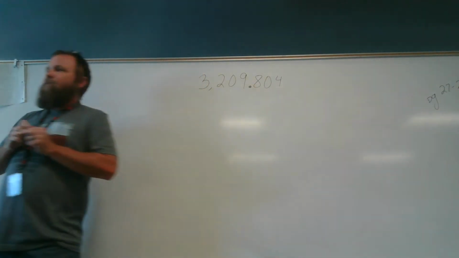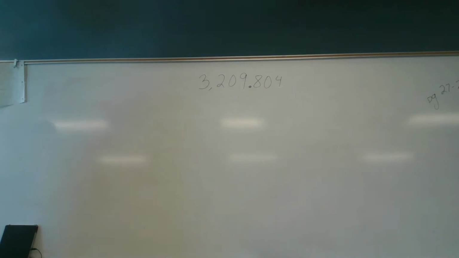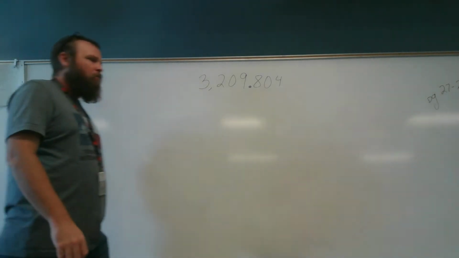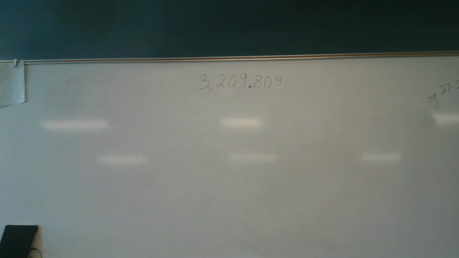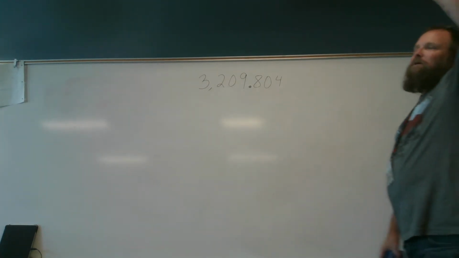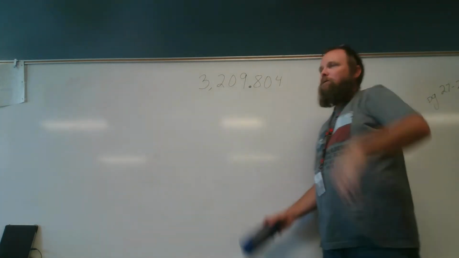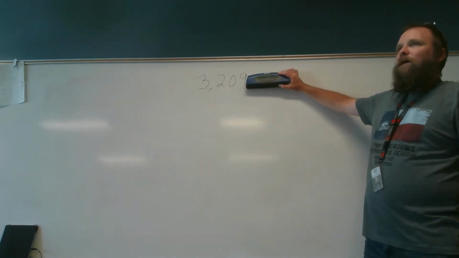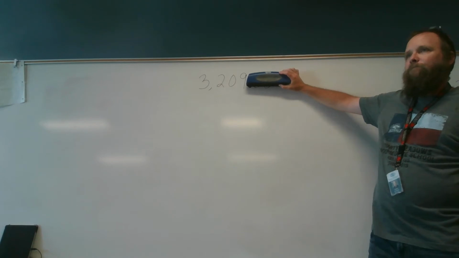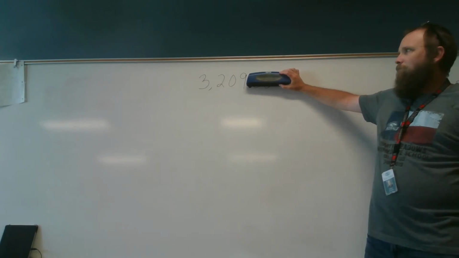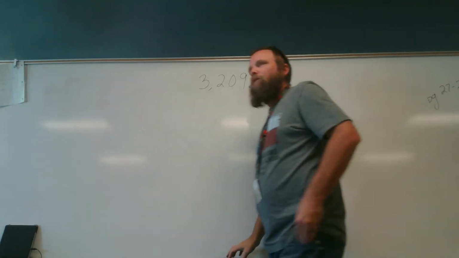All right, we have this number written in standard form, and I'm going to call on people to tell me what that number is. Brooklyn, the number in front of the decimal point, tell me how to say it. 3,209.